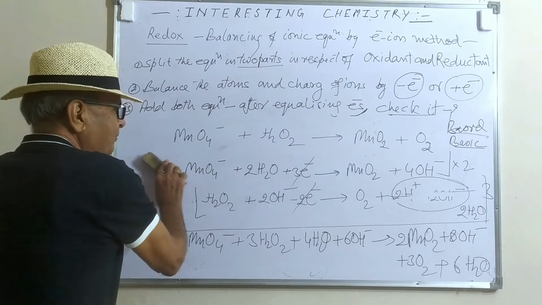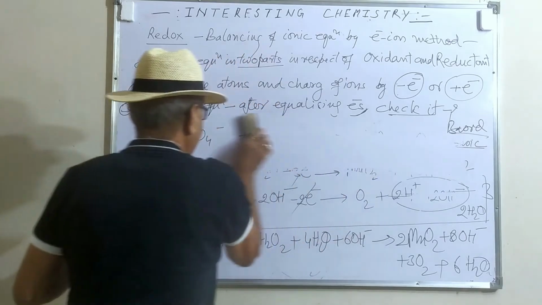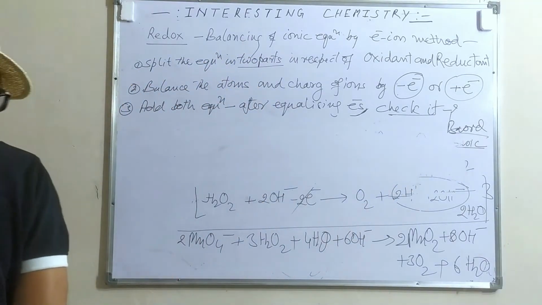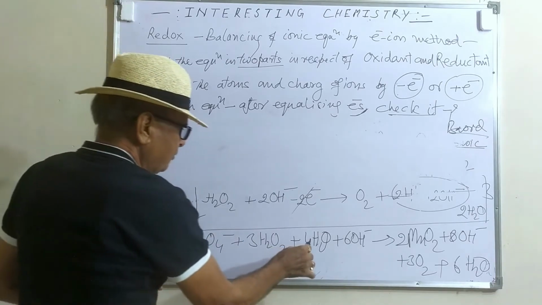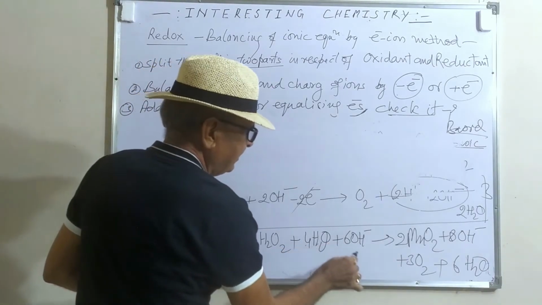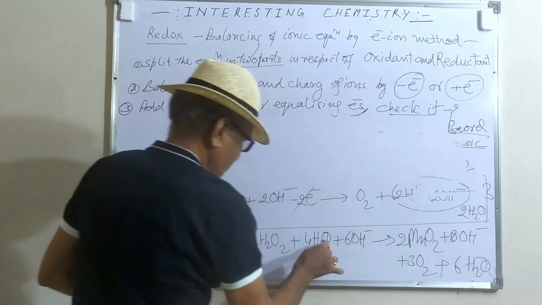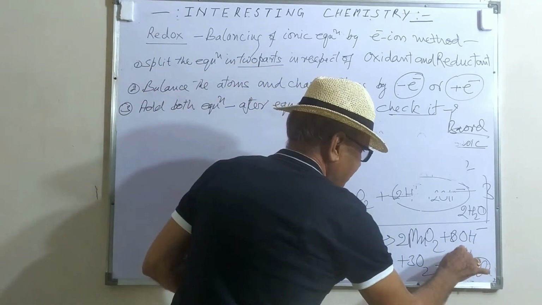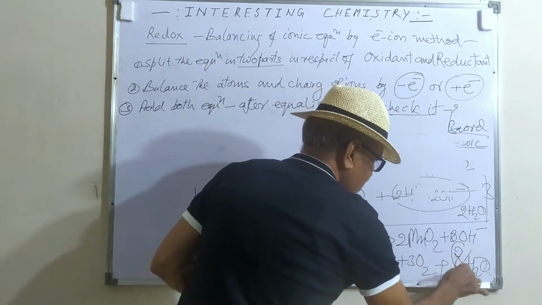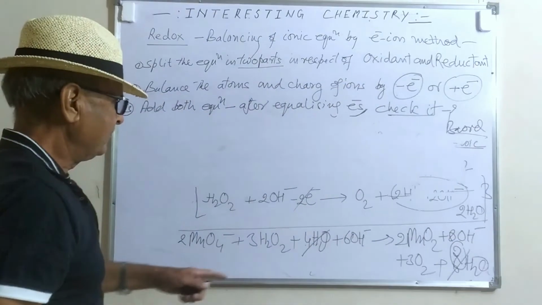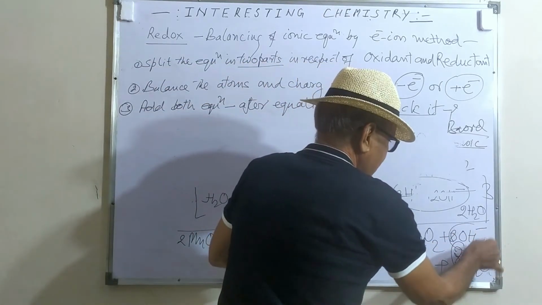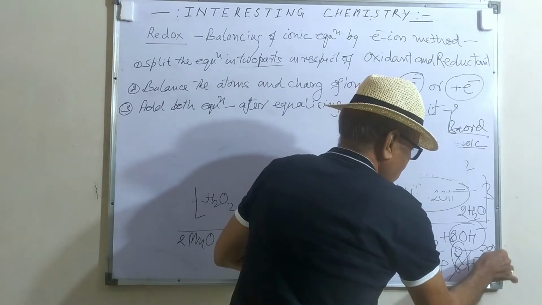Now write the final equation. How will you write the final equation here? Think about that. This is 4H2O and this is 6H2O. The remaining will be 2H2O. Again 6OH- and 8OH-, so here you will write 2OH-.